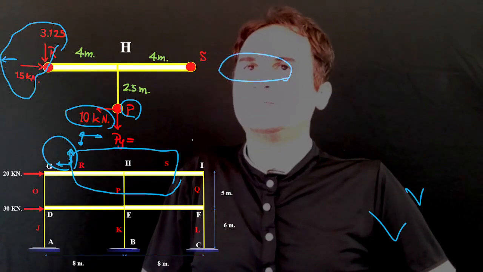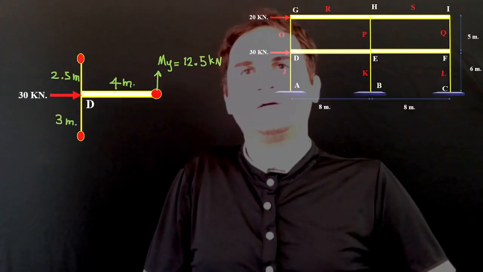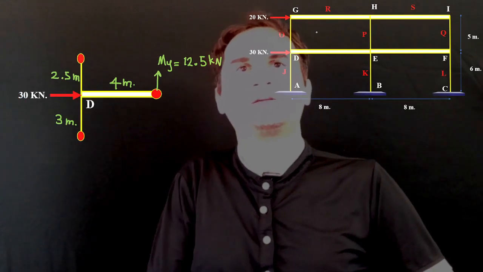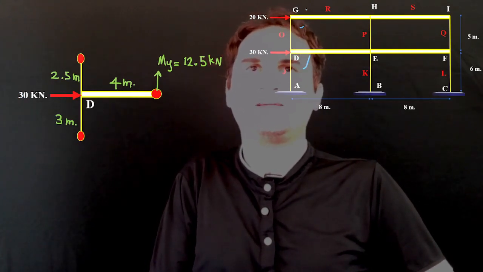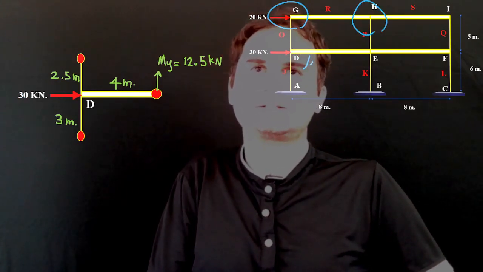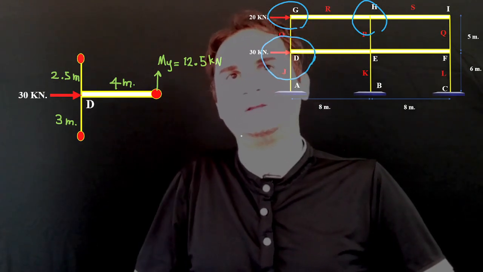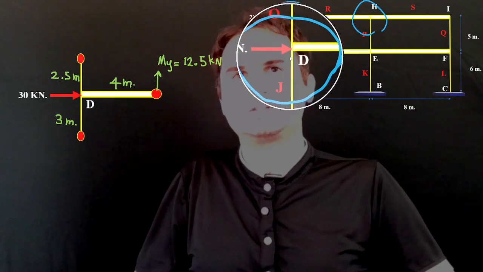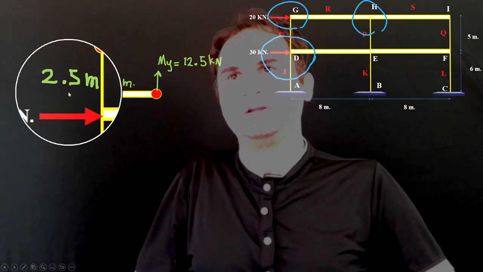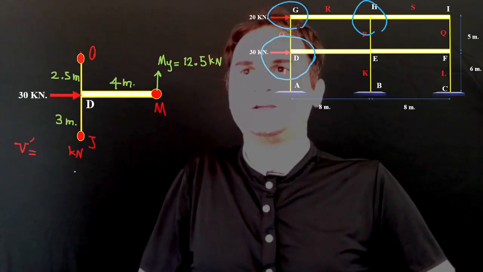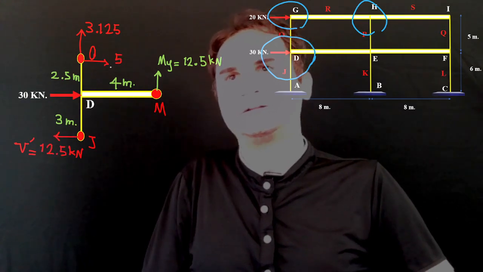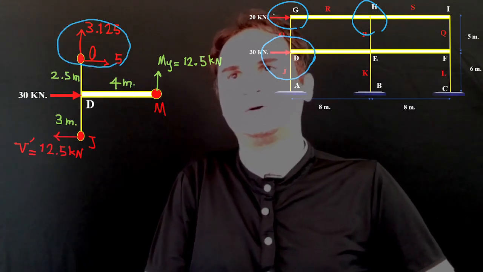If we move on to the next piece, after having this one, let's come to this part and see what's happening on this joint. As soon as we are in B part, we already translate these forces from the bottom part.